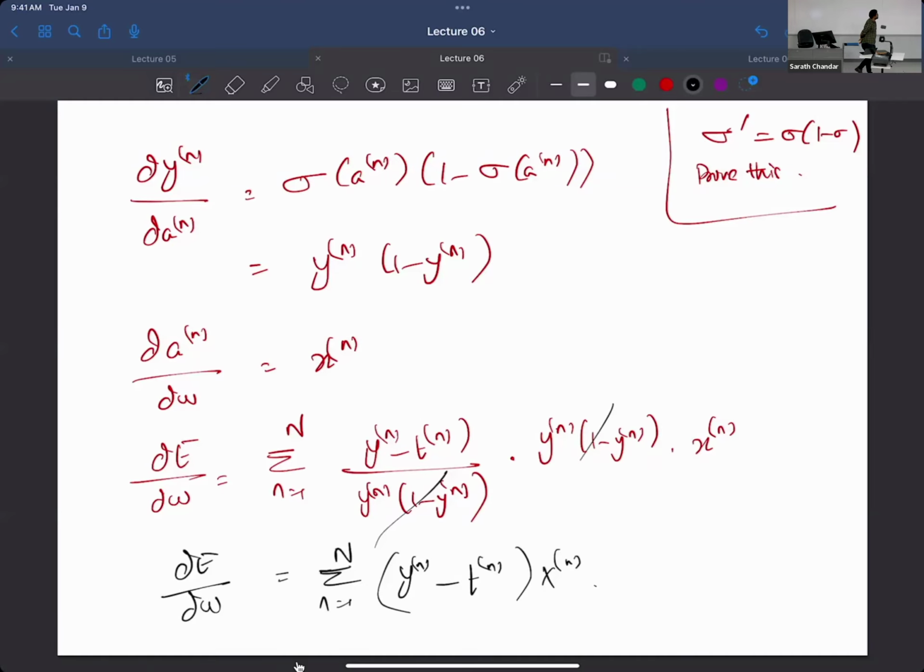Now this is my gradient for the logistic regression classifier. Once you have the gradient, you could do stochastic gradient descent or full batch gradient descent or mini batch gradient descent, whatever you want to do. Now, does this look similar to the gradient that you had for linear regression?